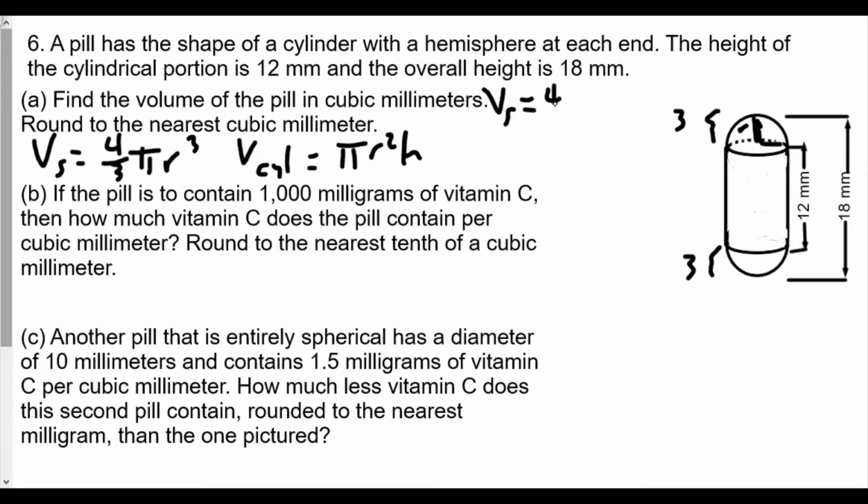So we're going to do 4/3 pi times 3 cubed, and then the volume of the cylinder is going to be pi times 3 squared, and the cylinder has a height of 12. We want to find the total volume. 3 to the third power is 27. I'm going to do everything in terms of pi, so we'll bring up the calculator.